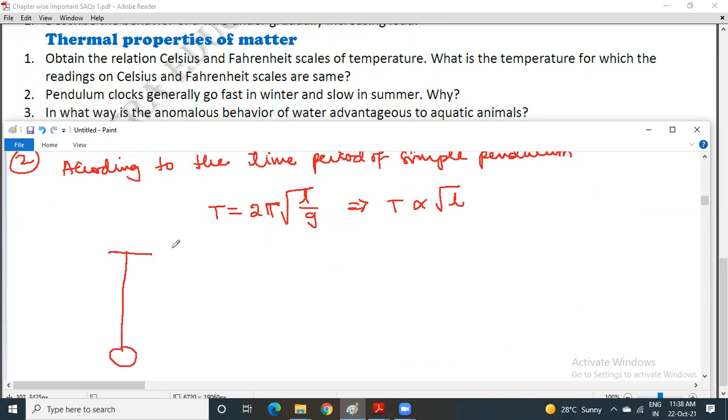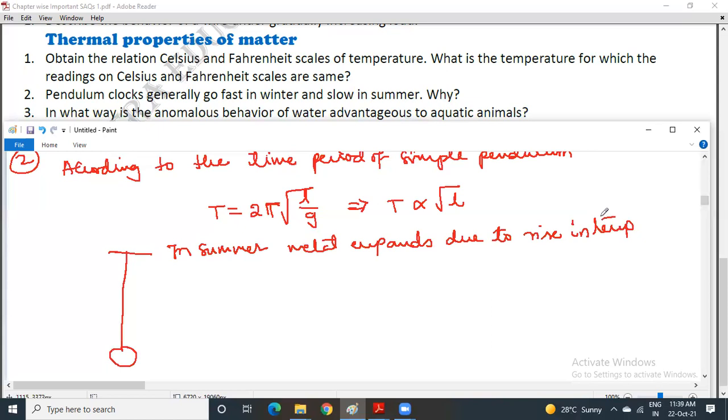Now, in summer, metal expands due to rise in temperature. So if it expands, length increases.